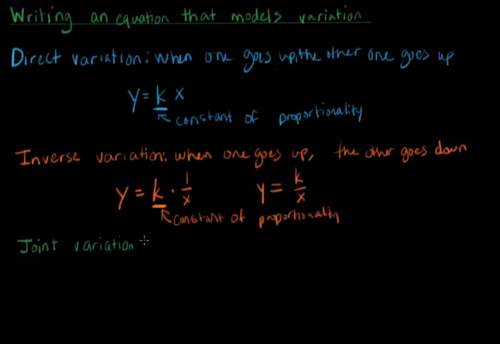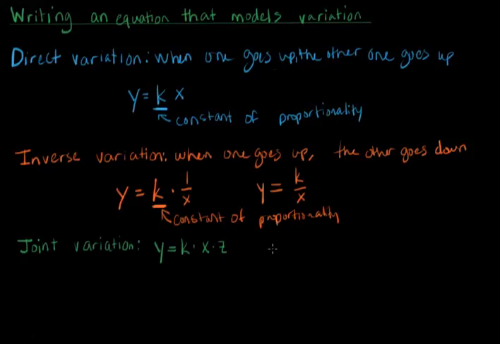A joint variation is when one thing depends on two things, or when one thing is affected by two things. So if we said y is equal to k, of course, times x times z, this would be varying jointly, so y would vary jointly with x and z.